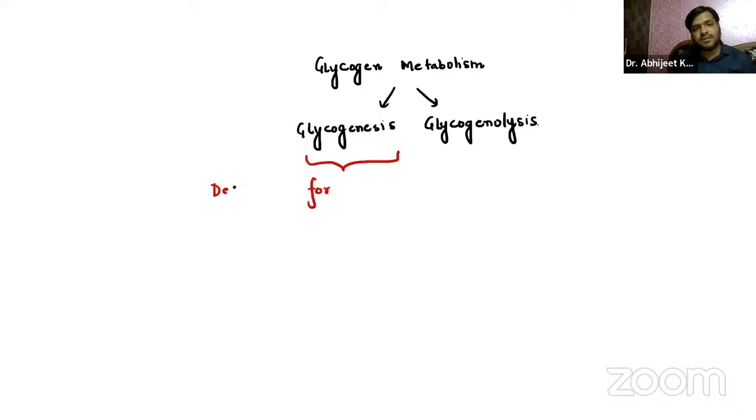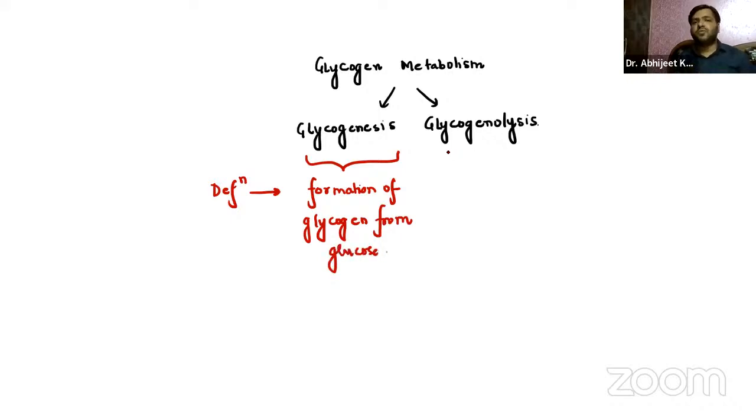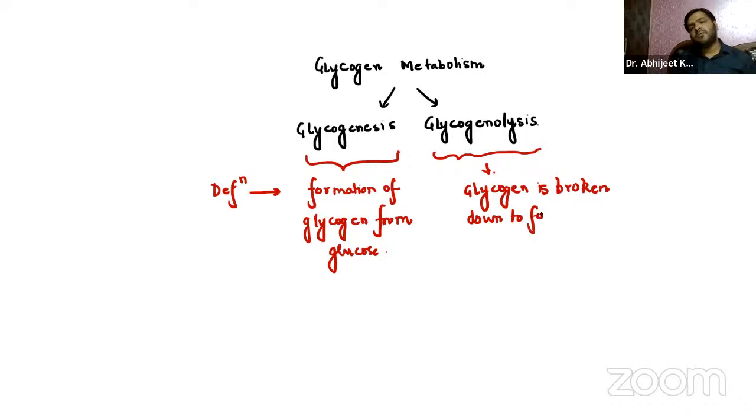The very simple definition. And glycogenolysis means glycogen is broken down to form glucose.